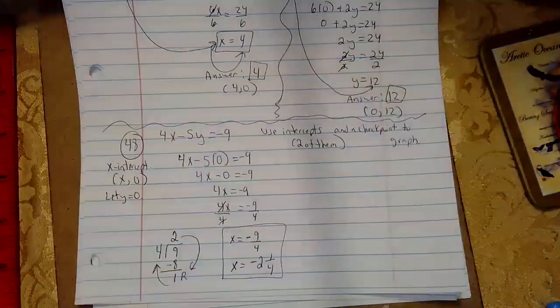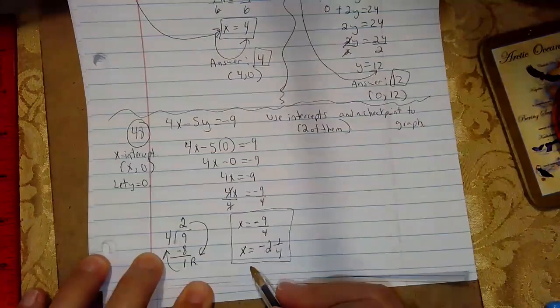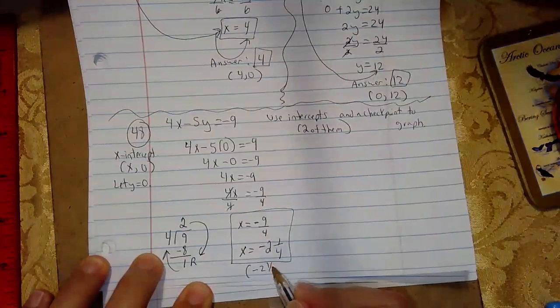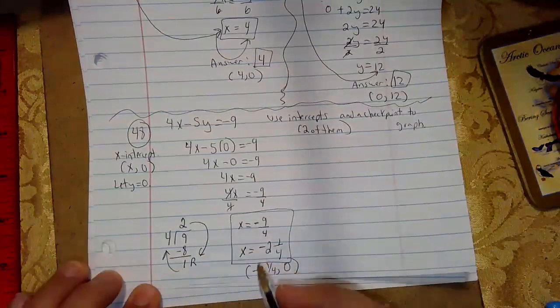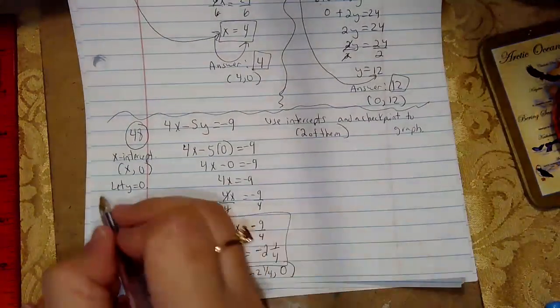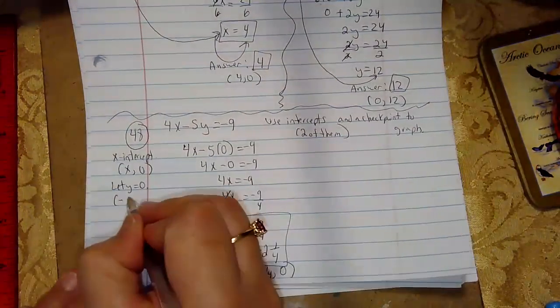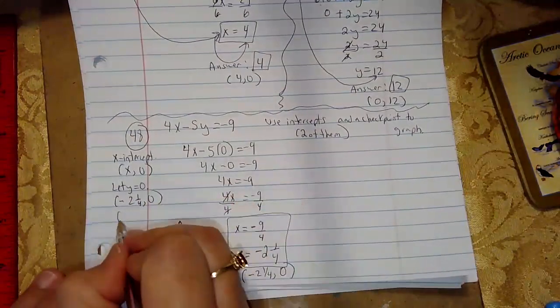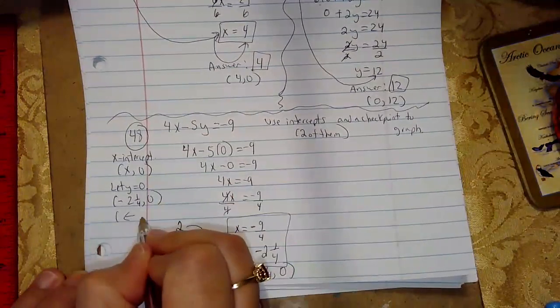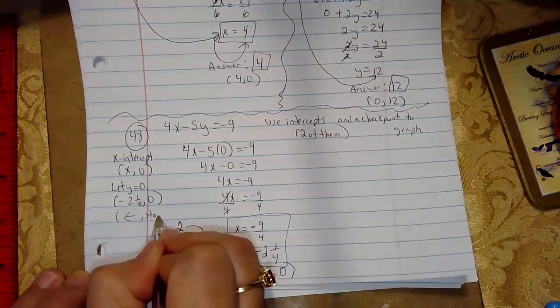So when I plot that, x is -2 and 1/4, and then the y was 0. So here I'm having to move left, and then I'm staying.